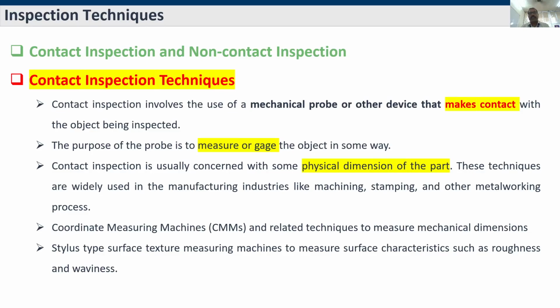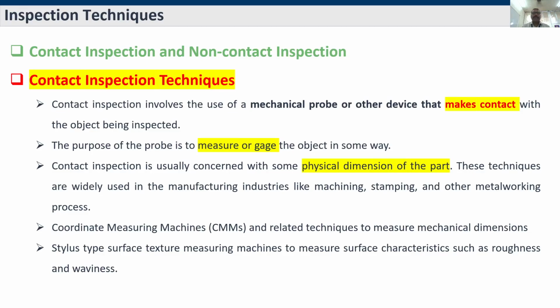The instruments you might have come across during our lab, like a steel rule, micrometer, vernier caliper, vernier height gauge, go gauge, no-go gauge, sine bar, dial gauge, comparators, and profile projectors, can all be classified according to the nature of measurement, either contact type or non-contact type.